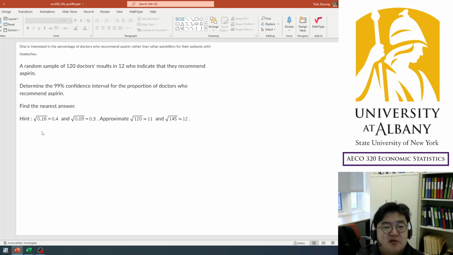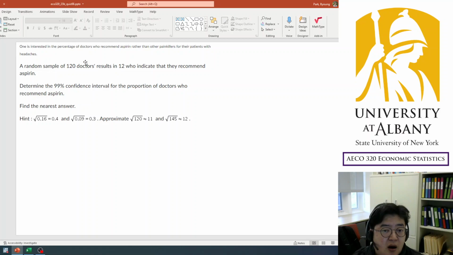One is interested in the percentage of doctors who recommend aspirin rather than other painkillers for their patients with headaches. A random sample of 120 doctors results in 12 who indicate that they recommend aspirin.